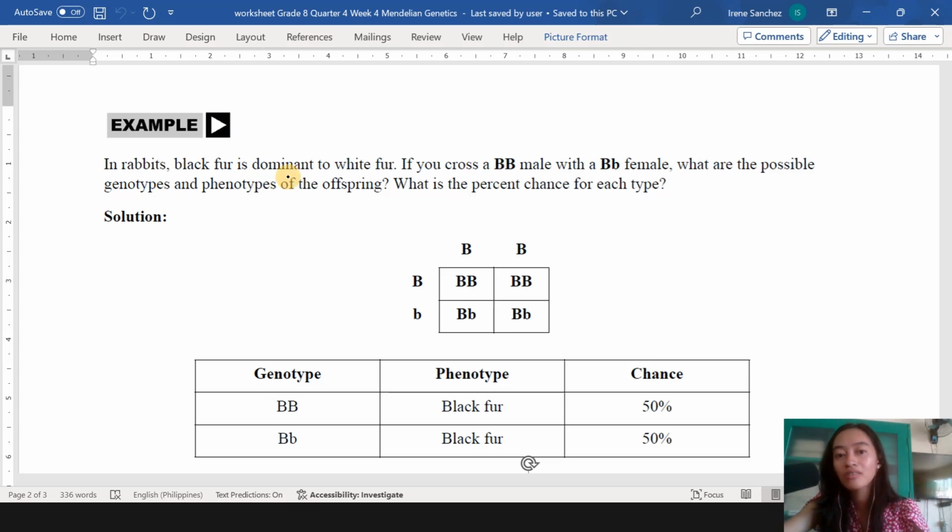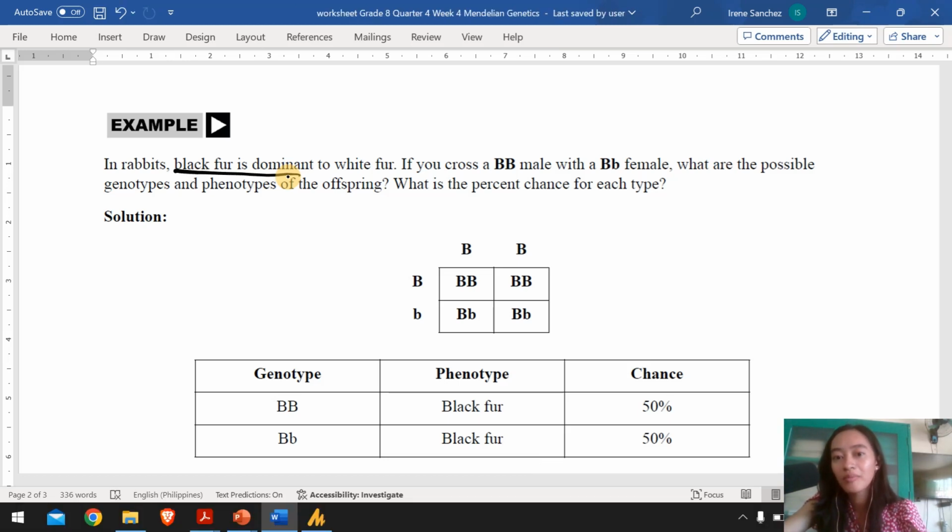Black fur is dominant, so you identify that first. Black is dominant, so this capital B is pure black, and white is small b. So you have to point out the letters. What are the possible genotypes and phenotypes of the offspring? What is the percentage for each type?